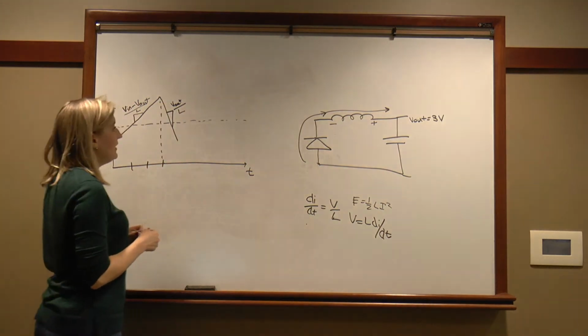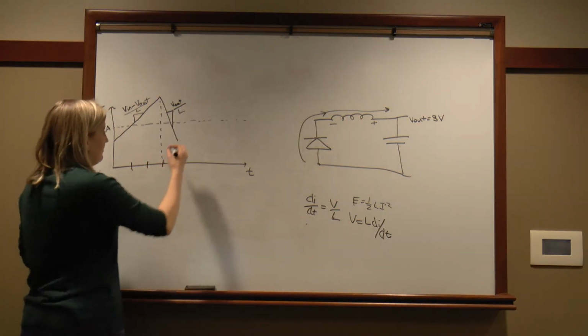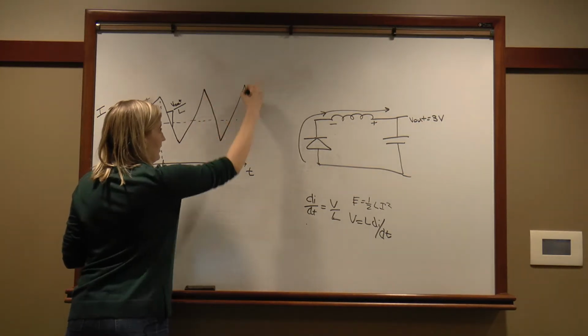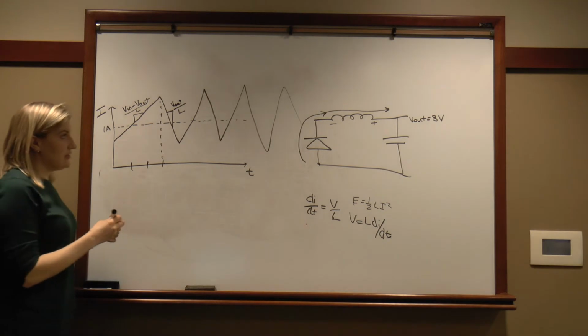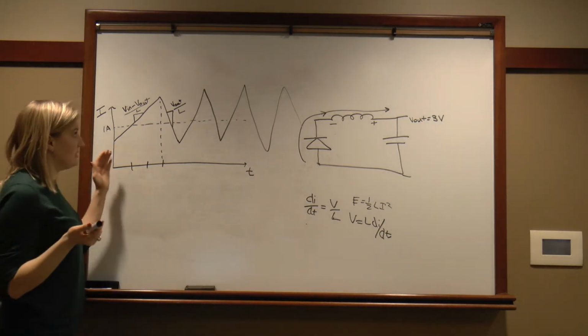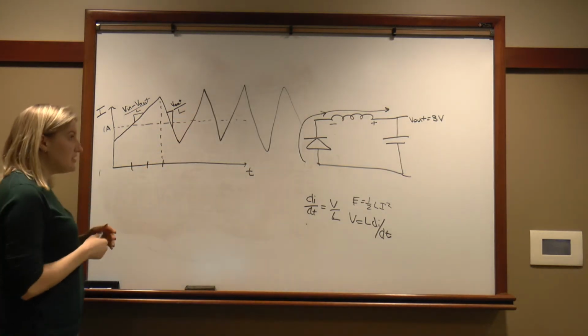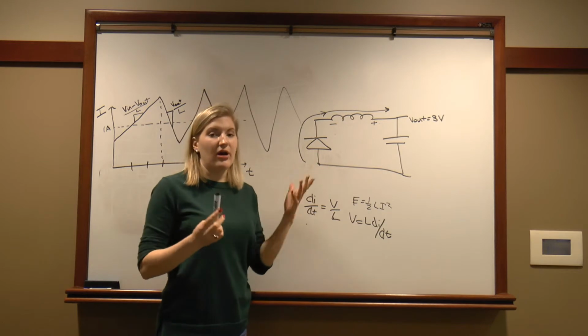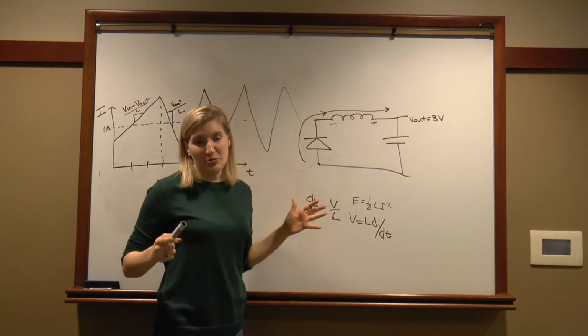So now we turn the switch back on and we ramp up our current again, turn it off, ramp it down, and we keep going up and down like this. So the inductor current is going to be centered on our output current, which in this example is 1 amp, and it's going to be going up and down with a slope that we can figure out based on the circuit drawing in both the closed and open switch position.